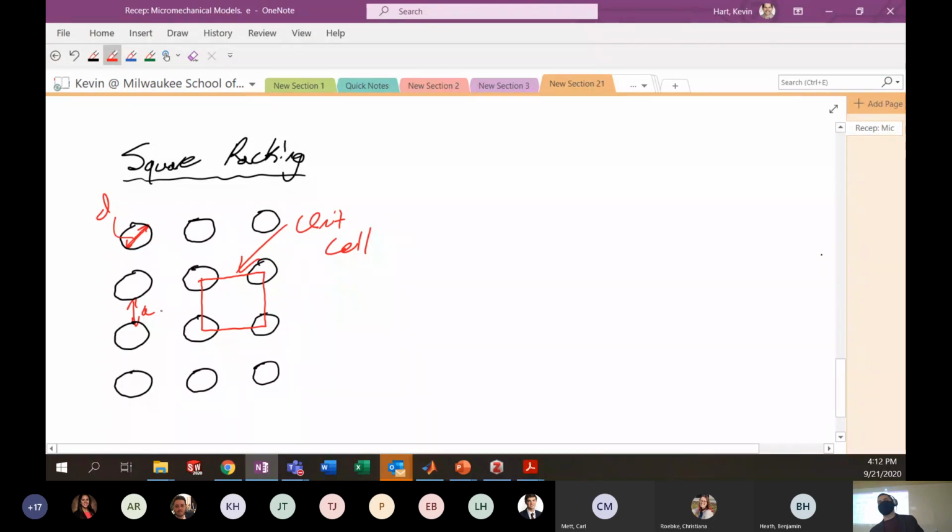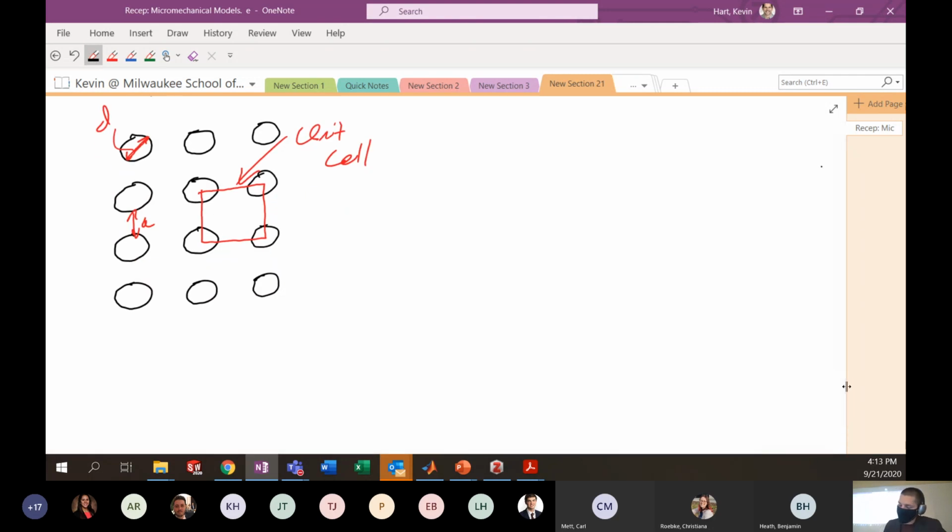Well, there's a maximum amount of fibers that you can fill into that space by, let's say, maximizing d and minimizing a or something along those lines. All right. So in a square packing arrangement, the maximum volume fraction that you can get, and you can sort of prove this mathematically, is a maximum upper limit of about 78.5%.